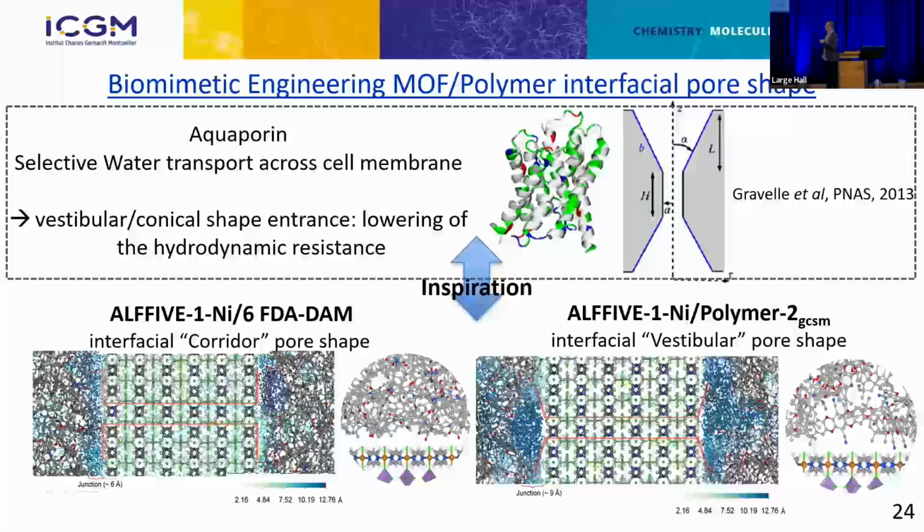So the idea was to screen a different polymer to scaffold the same environment that we have in the aquaporin. And we found one polymer that allows this kind of vestibular shape at the pore entrance.